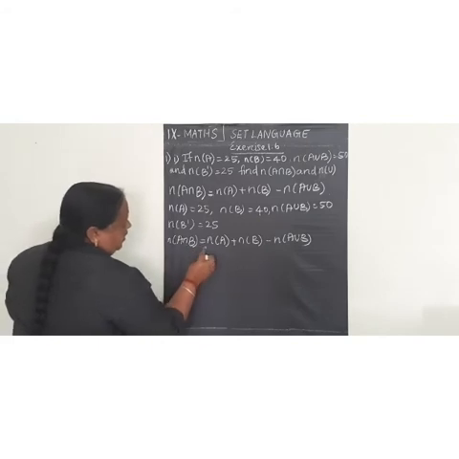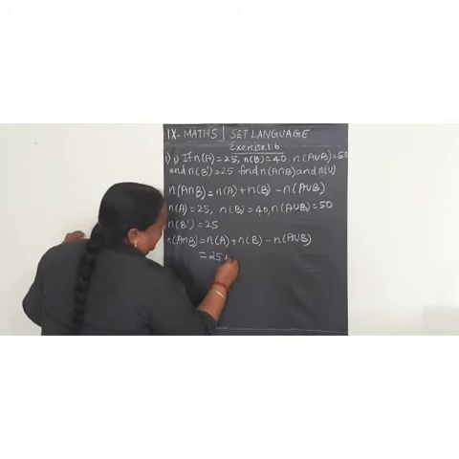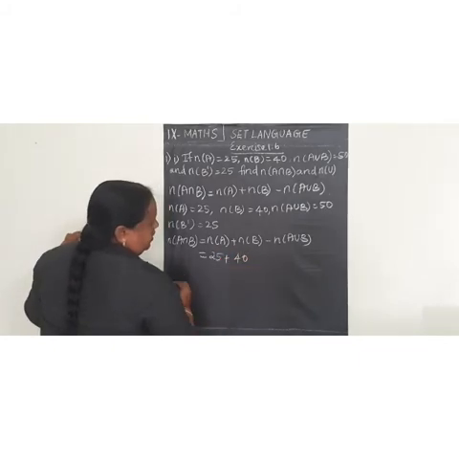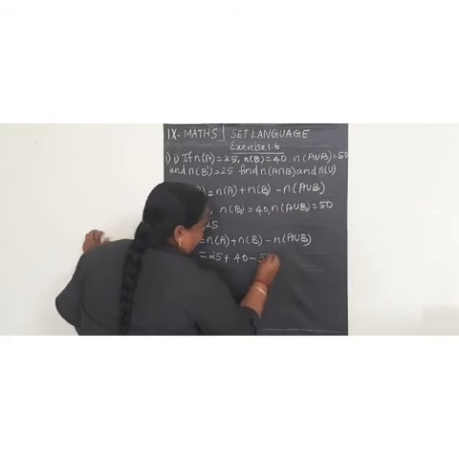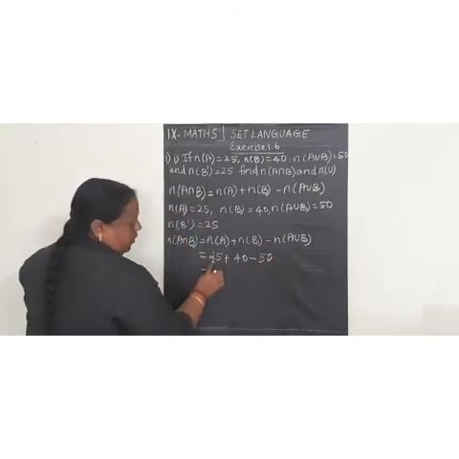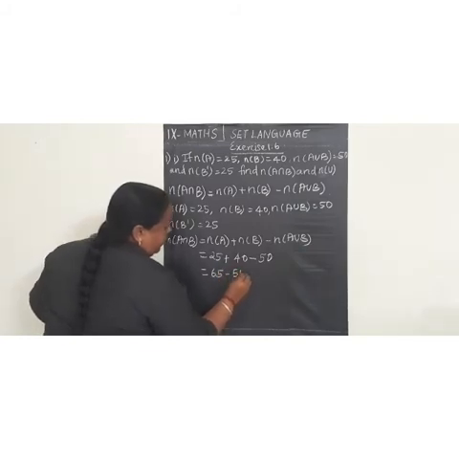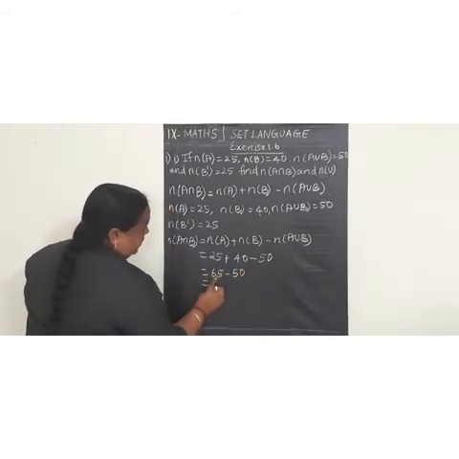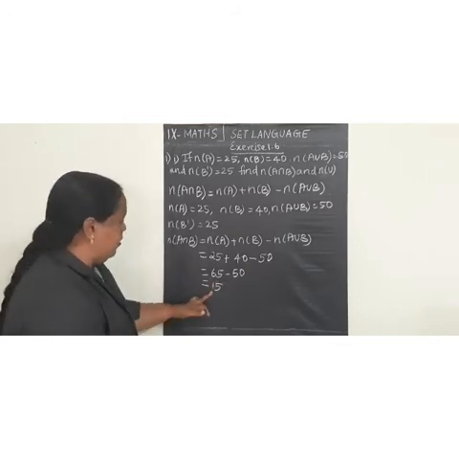So n of A is 25 plus n of B is 40 minus n of A union B is 50. So 25 plus 40 is 65, minus 50. 65 minus 50 is 15. So n of A intersection B is equal to 15.